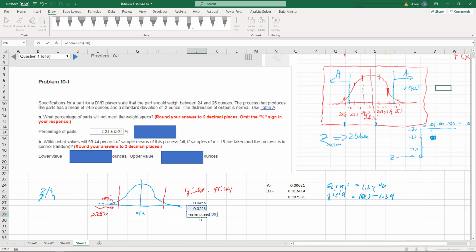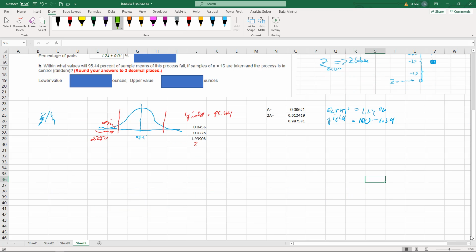So the second formula commonly used here goes in this direction. We set some arbitrary limits and move through the problem in the other direction from before. NORM.S.INV of that probability is equal to -1.99. That's really close to 2, so I think we're going to end up using 2 for that. So we've got the z here, which is close to 2.